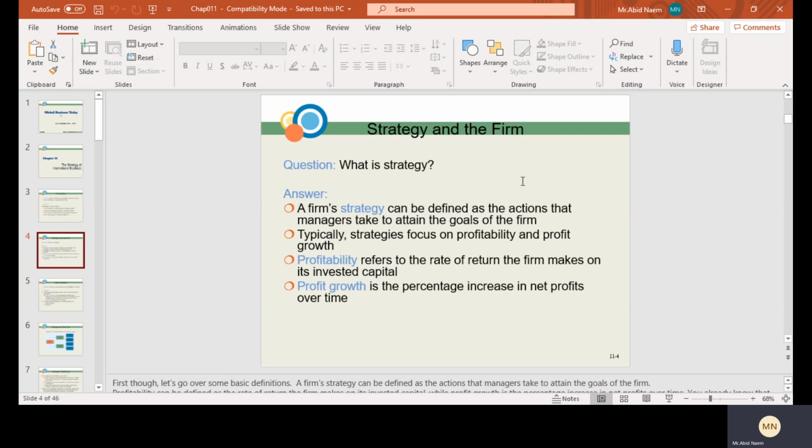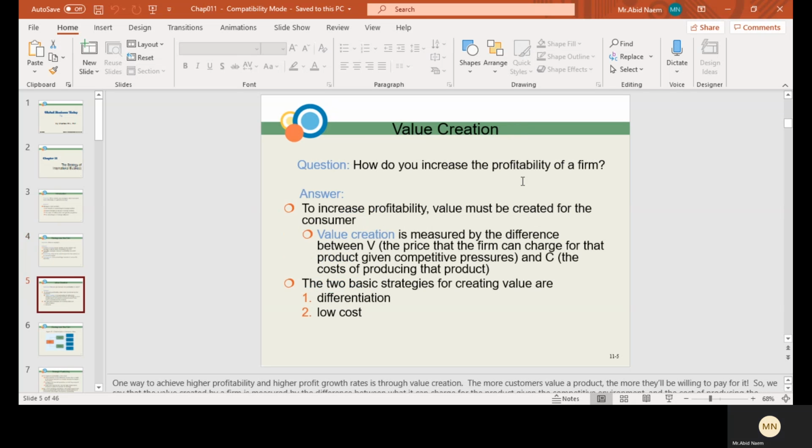I mean, if a firm is investing money in infrastructure, buildings, and product development, that is with the understanding that after a certain time it will pay back in terms of revenues and profits. And at the same time, we have to understand the concept of profit growth, that is the percentage increase in net profits over a period of time.